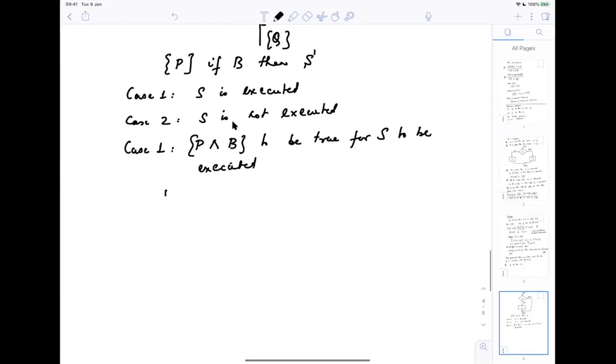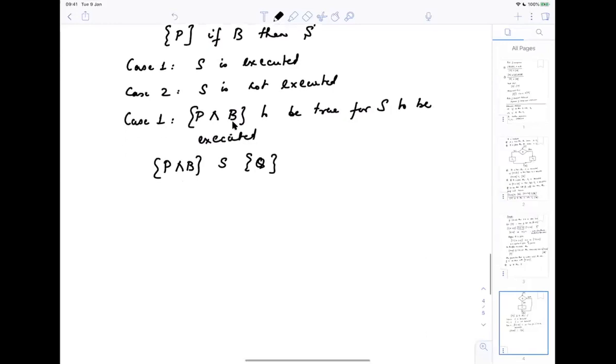That is, we need to prove that P and B, S leads to Q. This is case 1 for us. Case 2, on the other hand, let's say B is false. Then we have P and not B should imply Q. And we should prove this.